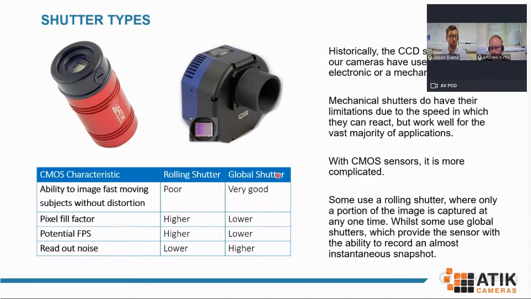The other option that we can see on screen is the global shutter. So this is another term that is quite common and you'll have probably heard of already. And as the name suggests, it allows for the whole sensor to capture an image simultaneously. So it removes that likelihood of that blurring effect seen in a rolling shutter. It does, however, require additional circuitry to achieve that, which again, going back, can impact the fill factor and the performance of the camera.